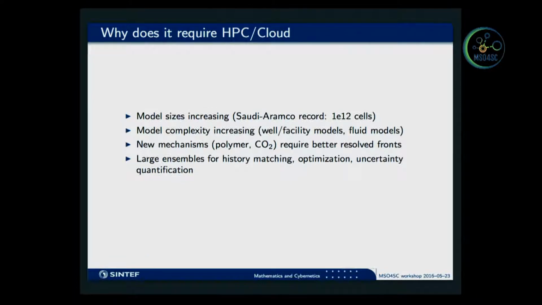Fluid fronts are often self-sharpening in some cases. But for these cases, the fronts are no longer self-sharpening, so you need to have a finer resolution, either using higher order methods or using higher grid resolution to get them resolved. And we want to do large ensembles for history matching, optimization, and uncertainty quantification.